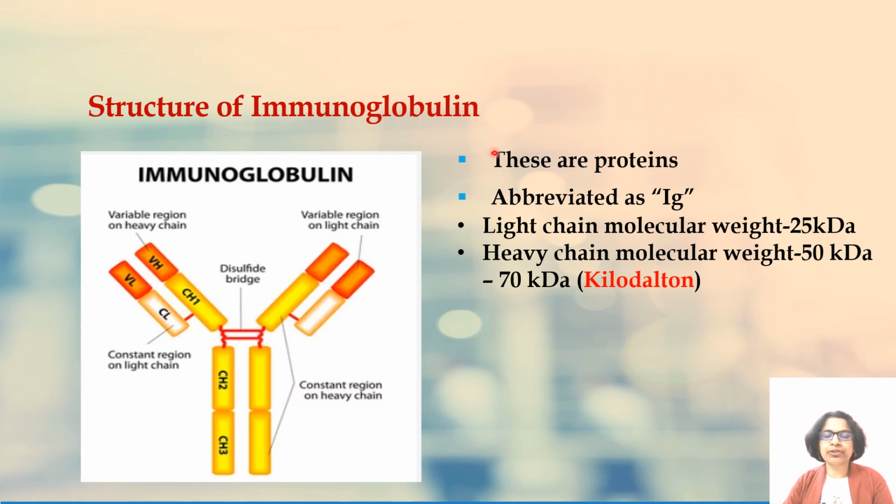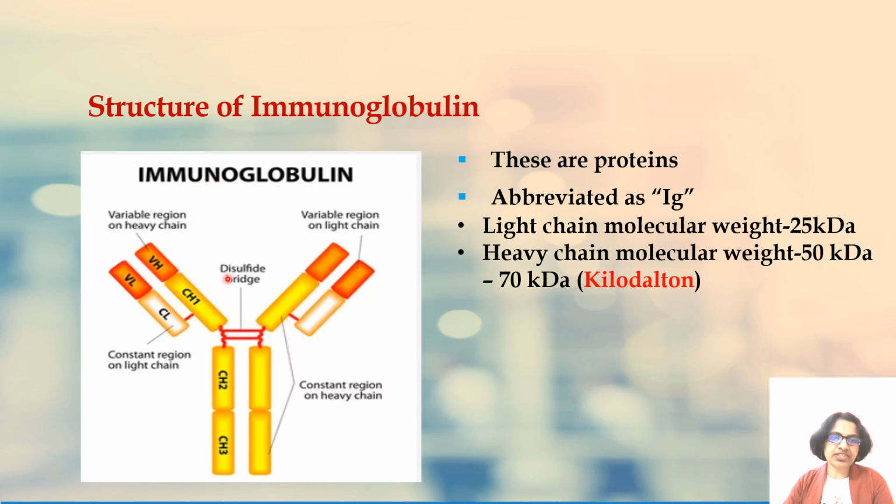Coming to the structure of immunoglobulins, these are proteins, and immunoglobulins are abbreviated as Ig. Here we can see in the picture the light chain molecular weight is 25 kilodalton, whereas the heavy chain molecular weight is approximately 50 to 70 kilodalton.